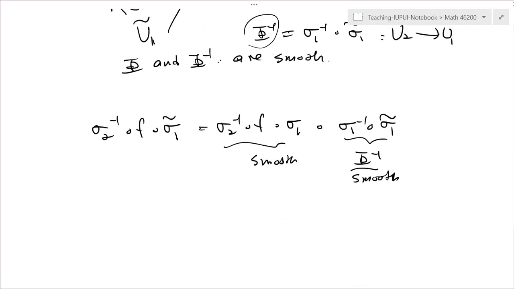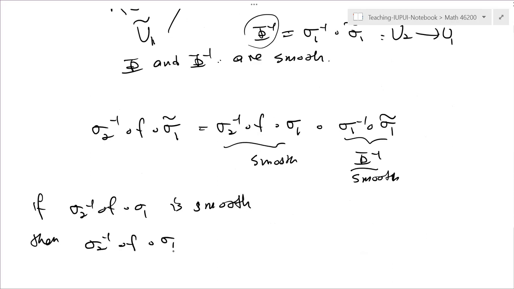So that means if it's smooth, then this is smooth. That's why if one student uses another regular surface patch to check the smoothness of map F and concludes that it's smooth, then everybody else in the class, using their own favorite regular surface patch, will find the resulting map is also smooth.